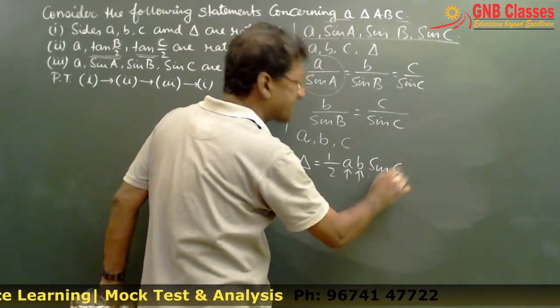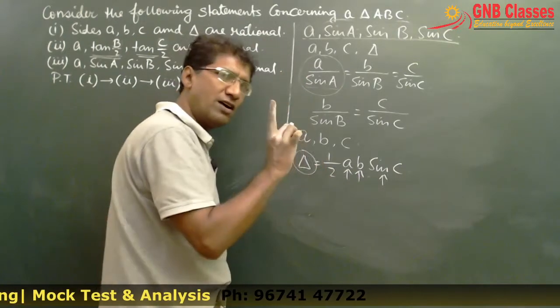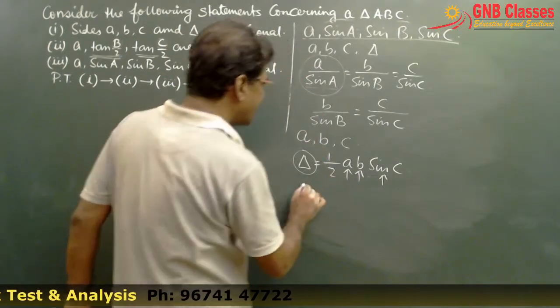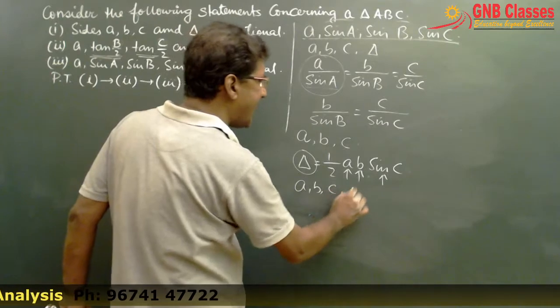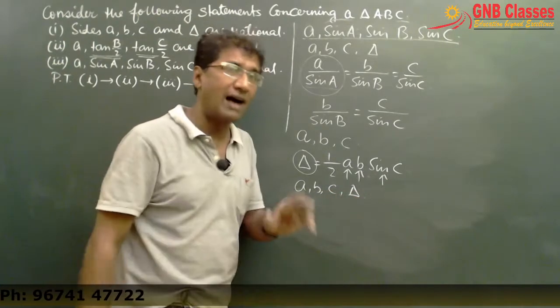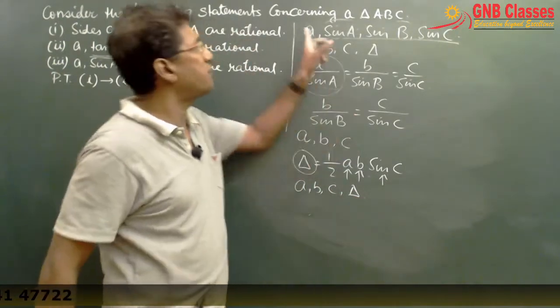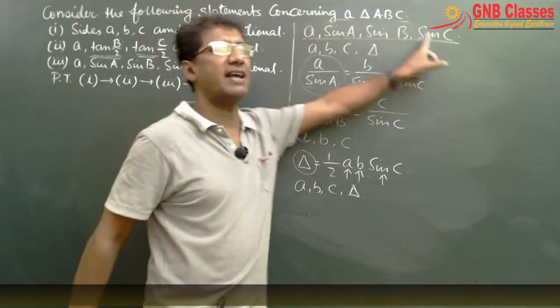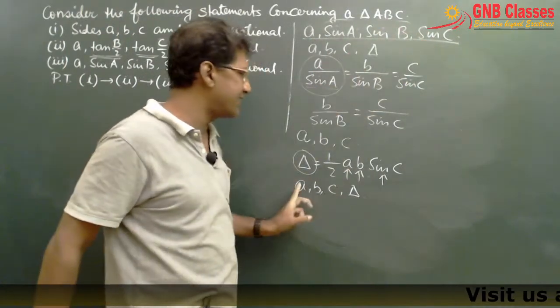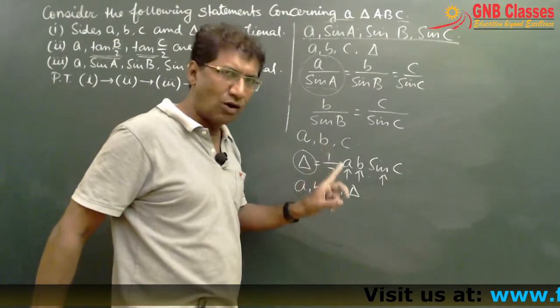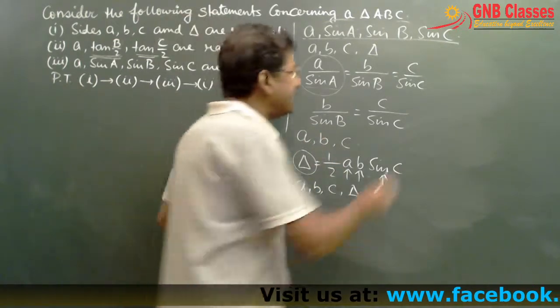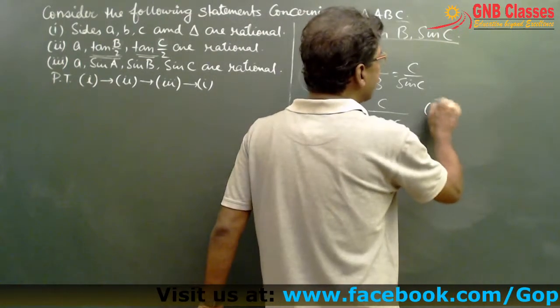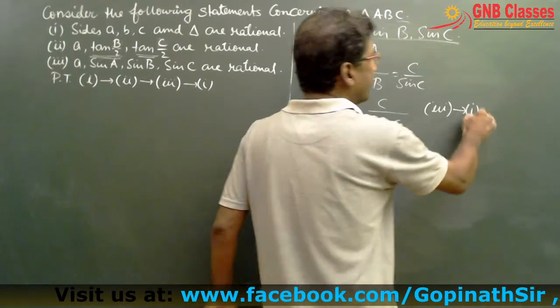So del is also rational. That means a, b, c as well as del are all rational. Considering that sine A, sine B, sine C are rational implies a, b, c, del are also rational, that is, statement 3 implies 1.